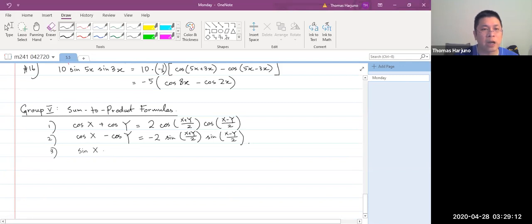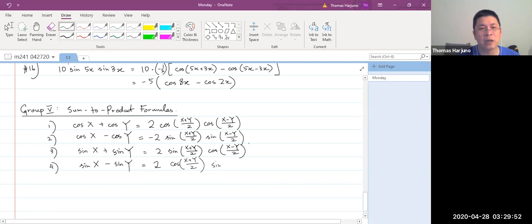The third formula, sine x plus sine y equals 2 times sine of half of the sum times cosine half of the difference, while sine x minus sine y will be 2 times cosine of half of the sum times sine half of the difference.